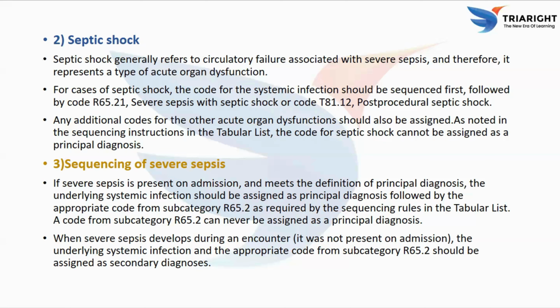So think of R65.2 as a code for severity indicators, not diseases. So they must follow an infection. So septic shock is never sequenced as a principal diagnosis because it is a manifestation, but not the primary disease. So always check whether the severe sepsis was present on admission. So this affects the sequencing rules.